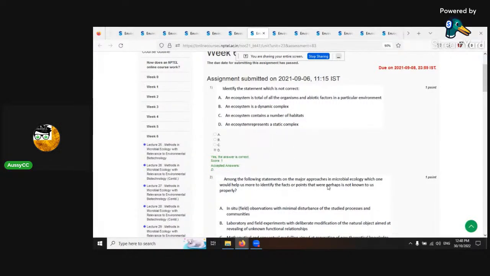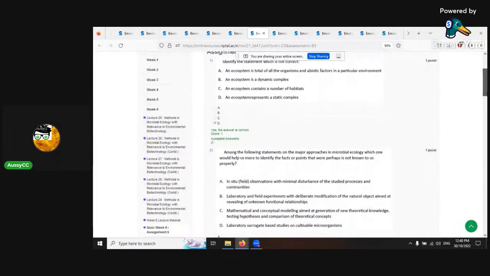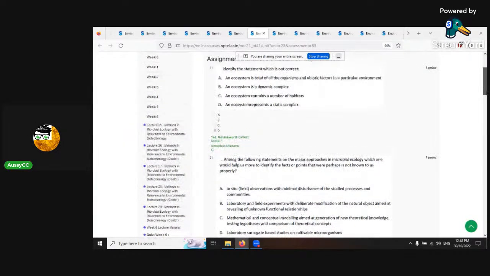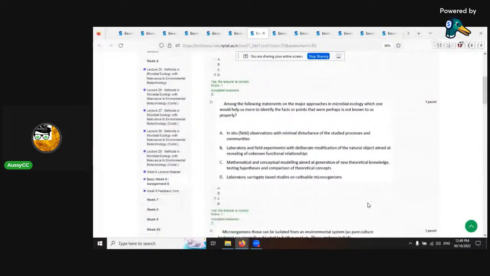Among the following statements, which one would help us more identify the facts and points where perhaps it is not known properly? Maths always helps. Microorganisms can be isolated from the environment system as per culture.